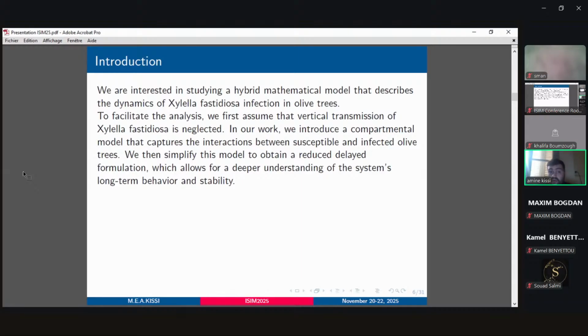To facilitate our analysis, we first assume that we have no vertical transmission. So we have only the dynamics between the susceptible and infected olive trees. After that, we will simplify this model to obtain a reduced delayed formulation, which allows for a deeper understanding of this bacterium.